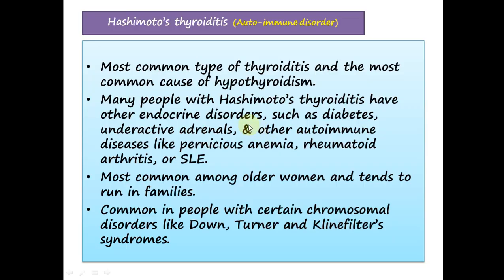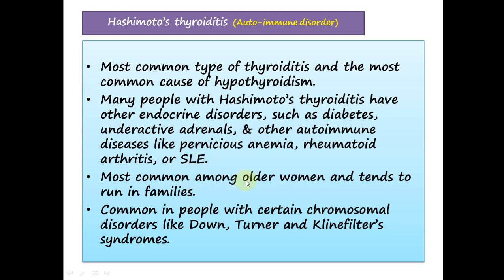Some important points related to Hashimoto thyroiditis is that this is the most common cause of hypothyroidism after iodine deficiency. And as is true about any endocrine disorder, a patient with one autoimmune condition may have another autoimmune condition too, and therefore these patients should be investigated for the presence of other autoimmune conditions like diabetes, hypoadrenalism, pernicious anemia, rheumatoid arthritis, and systemic lupus erythematosus.